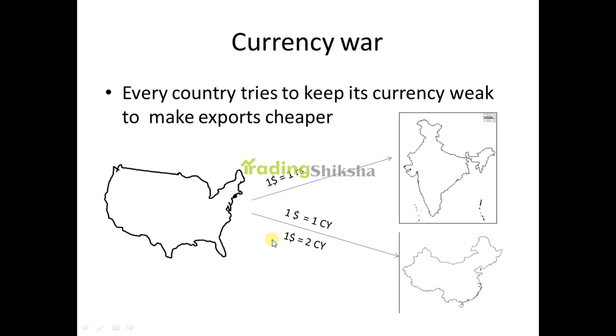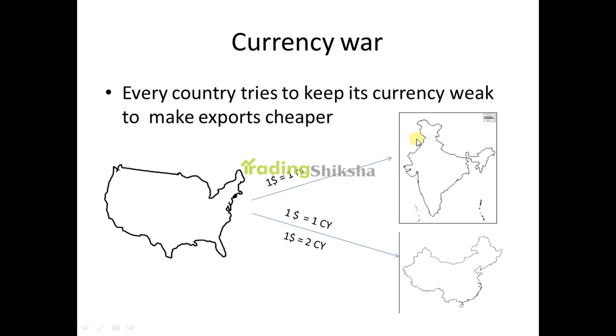Now tomorrow, China, to promote its exports, devalues its currency. Now $1 is equal to 2 Chinese yuan. One thing you should note is that when Americans buy goods from these countries, they have to pay in the local currency.